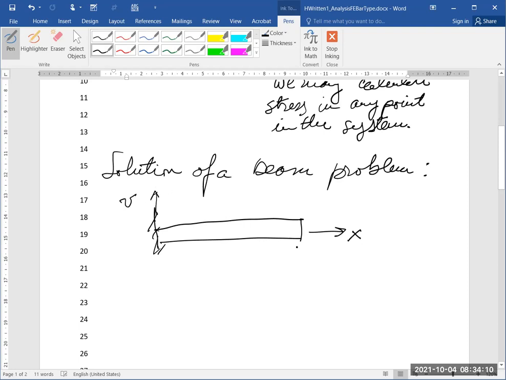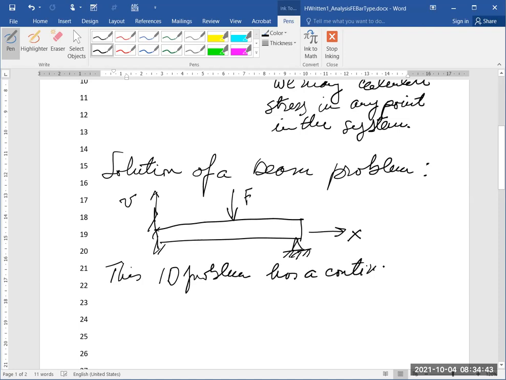We put here a support, and a concentrated force like this. If we solve this, employing the correct boundary conditions at the ends, this 1D problem has a continuous solution.